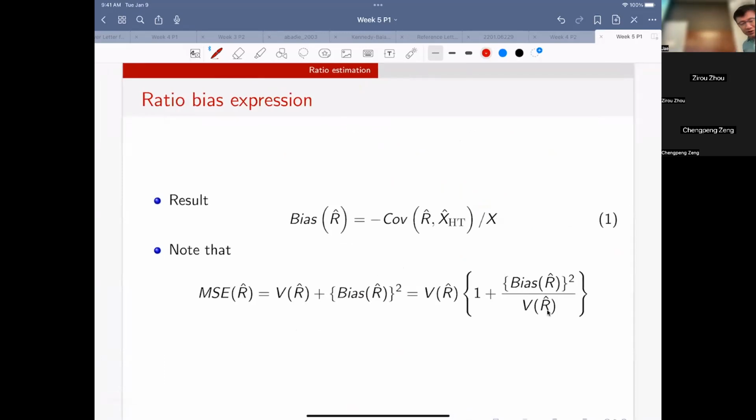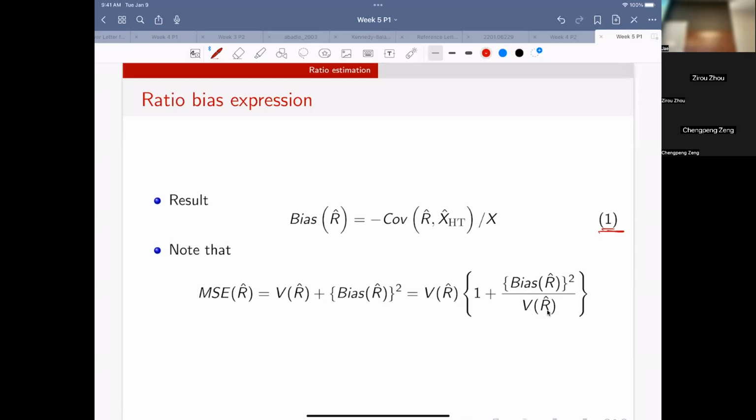The first result is that the ratio bias can be understood as the covariance of R hat and X hat divided by X. We'll prove it, but I will leave it for now and discuss a little bit further.